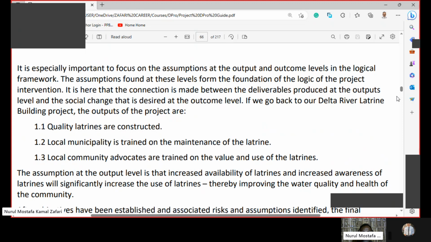The assumption at the output level is that increased availability of latrines and increased awareness of latrines will significantly increase the use of latrines, thereby improving the water quality and health of the community.